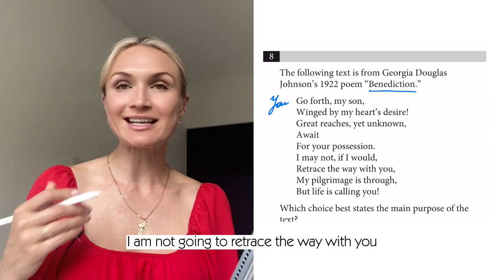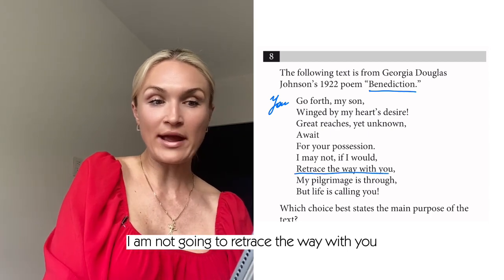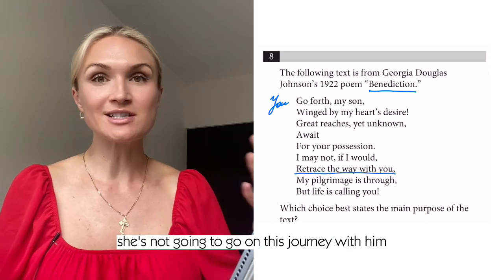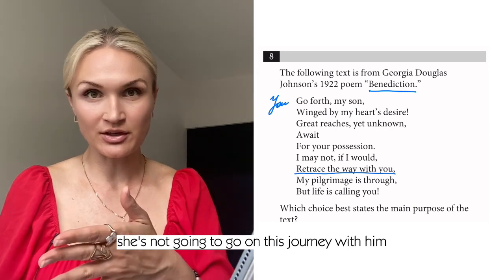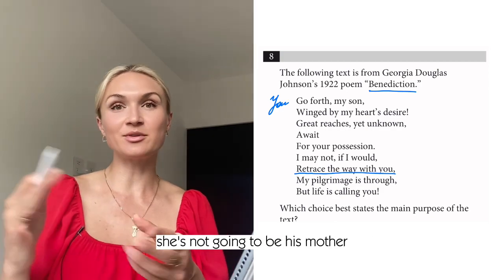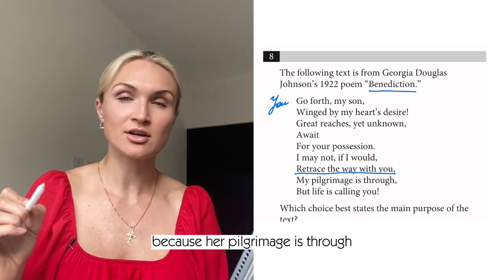So here she says that I am not going to retrace the way with you. She's not going to follow him. She's not going to go on this journey with him. She's not going to be his constant roommate. She's not going to be his mother, because her pilgrimage is through.